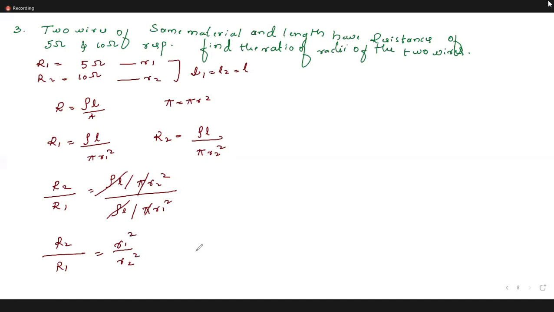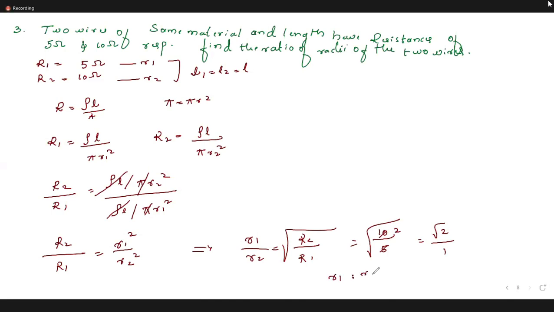So r1 by r2 is equal to root over R2 by R1, right? Here R2 is 10 ohm and R1 is 5 ohm, so 10 by 5 is 2. You will get root 2 by 1. So r1 ratio r2 is root 2 ratio 1. Okay, is it clear?